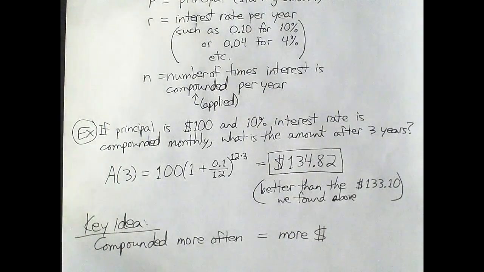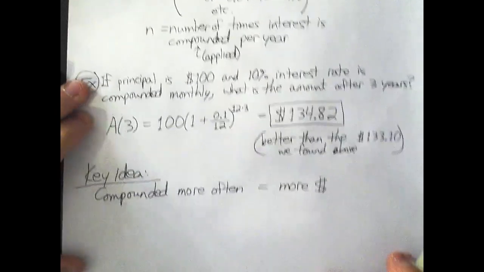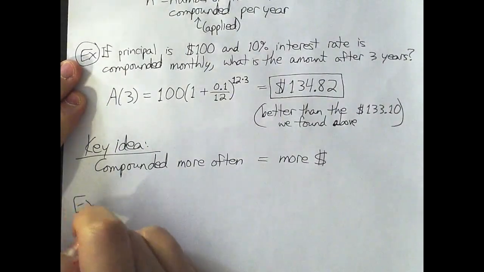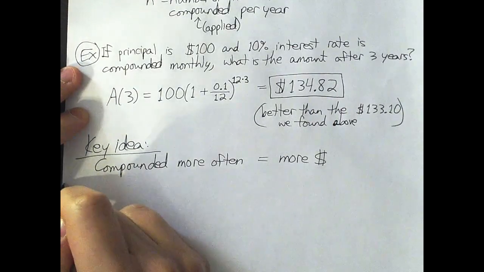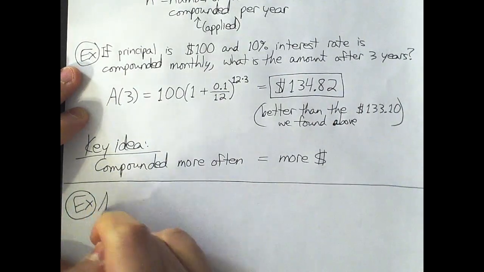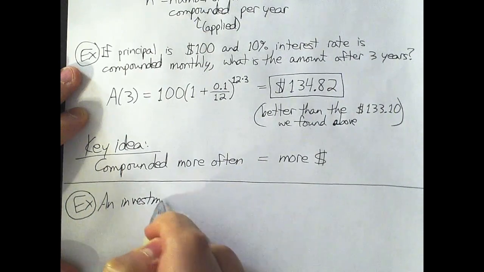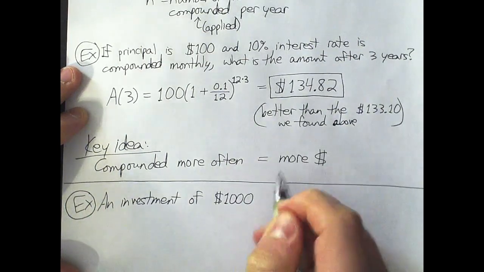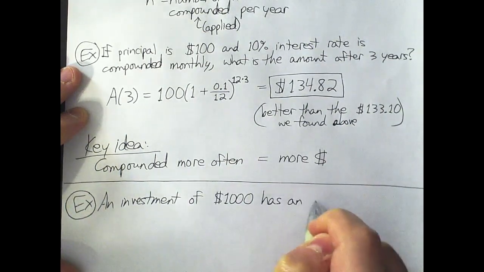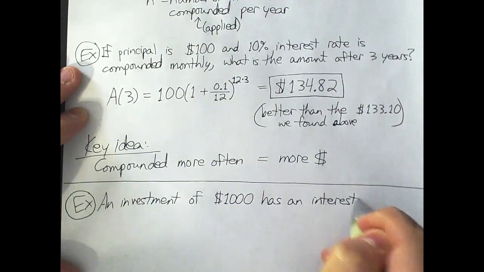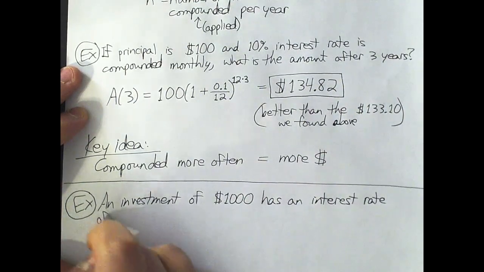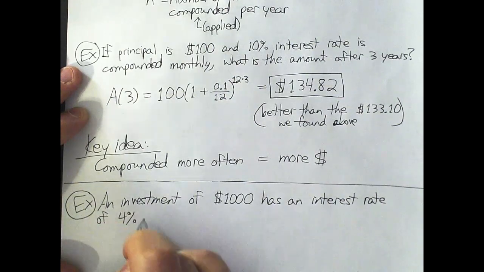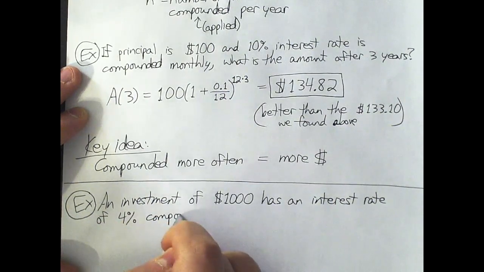Let's see. I'll give you a little problem like this. I think this is a quick problem. We did kind of use a calculator to finish it. Let me give you one like this. Example. An investment of $1,000 has an interest rate of 4%, compounded quarterly.